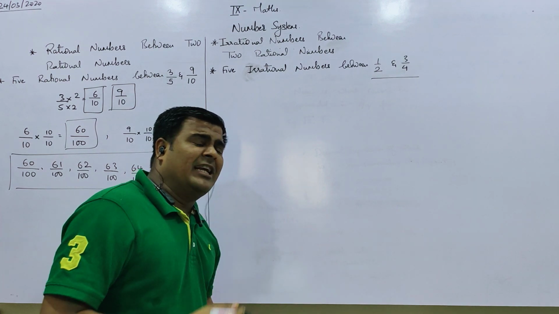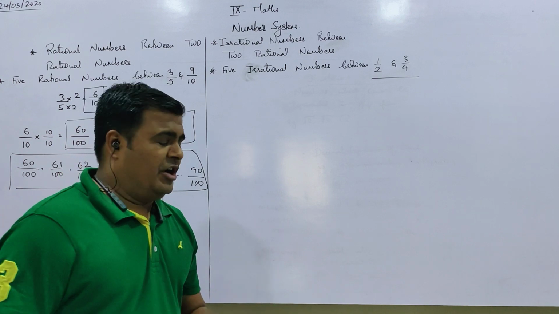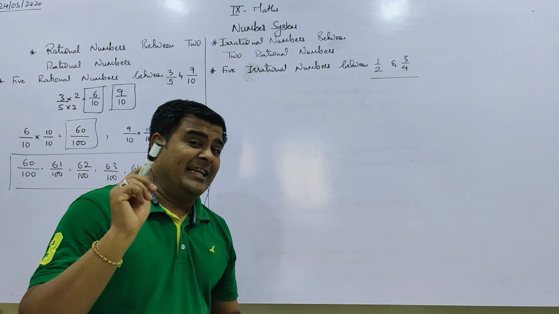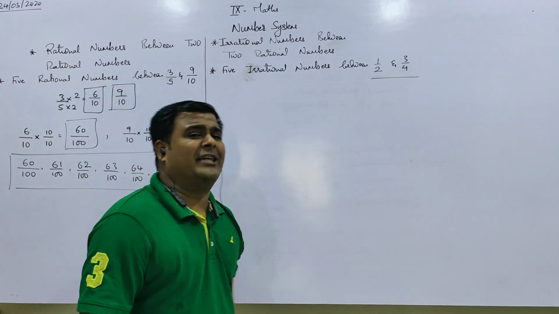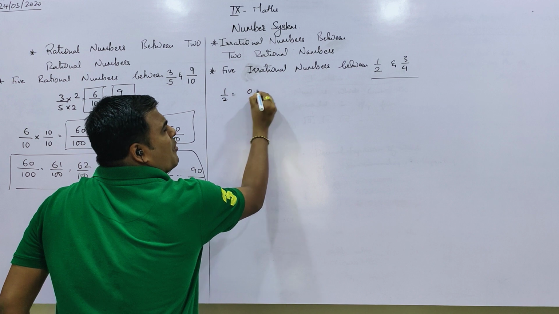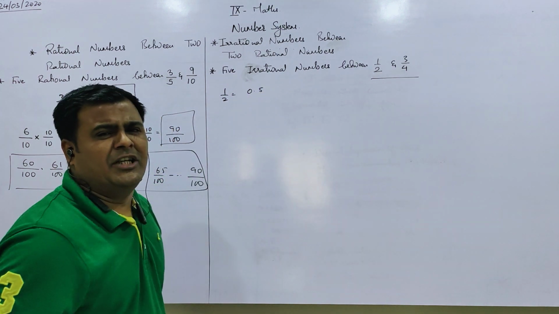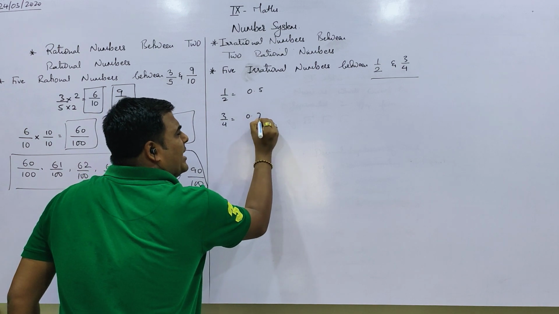So the decimal expression of an irrational number will always be non-terminating, non-repeating. So here you need the decimal expression of both the rational numbers. So let us find the decimal expression of 1 by 2. Decimal expression of 1 by 2 is 0.5 and the decimal expression of 3 by 4 is 0.75.